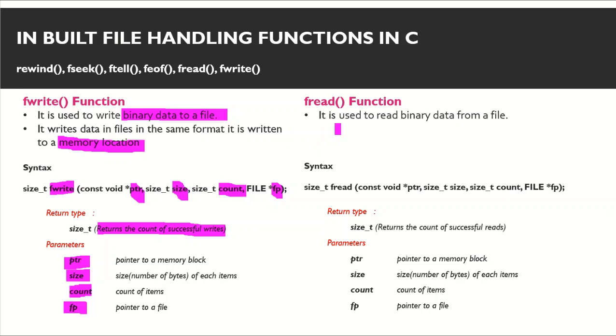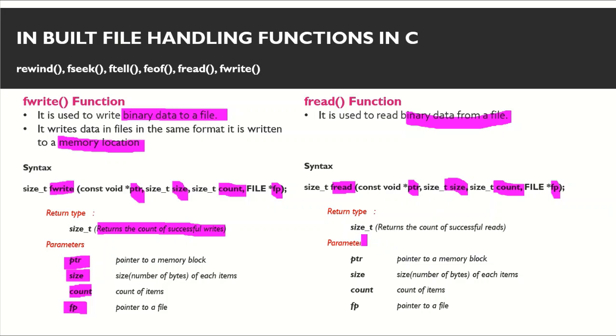Fread function. It is used for reading binary data from a file. The format is similar to that of fwrite. It has a pointer as parameter, size, count and the file pointer. These are the same as that of fwrite function.